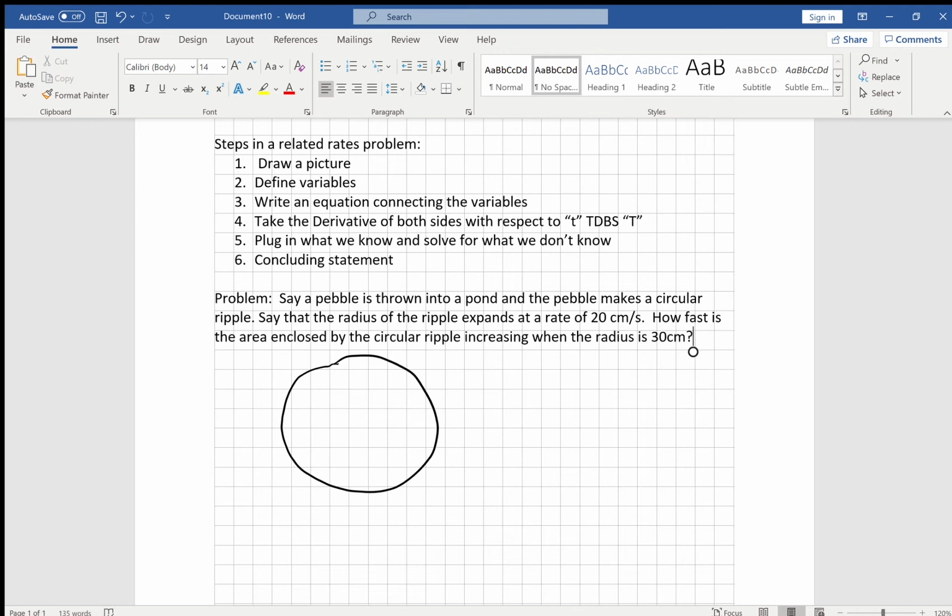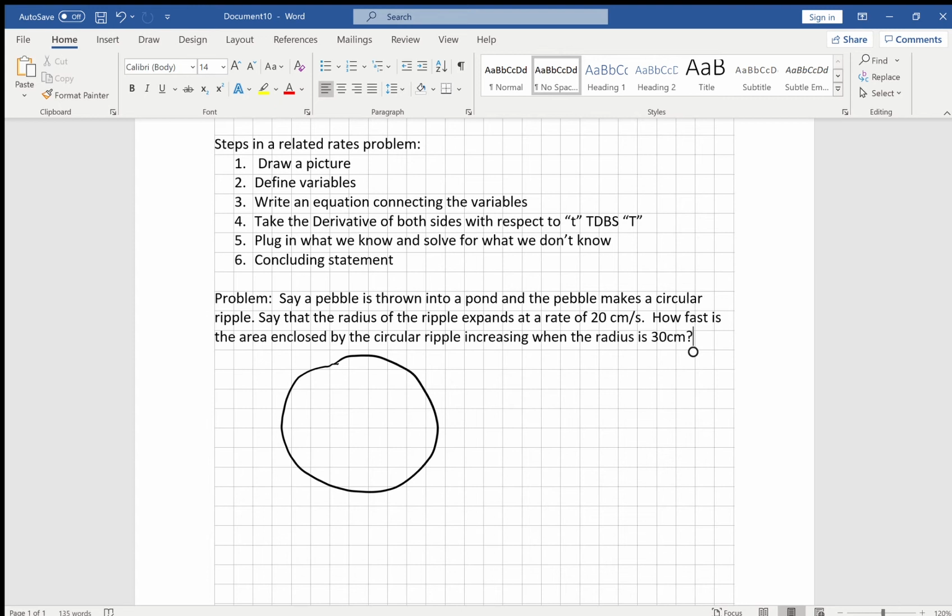There's our circle. We can imagine that circular ripple expanding. As you're taking notes, I'm sure your picture is going to look better than mine. If at any point I'm going faster than you can take notes, please feel free to press pause on the video and take notes at your own pace.